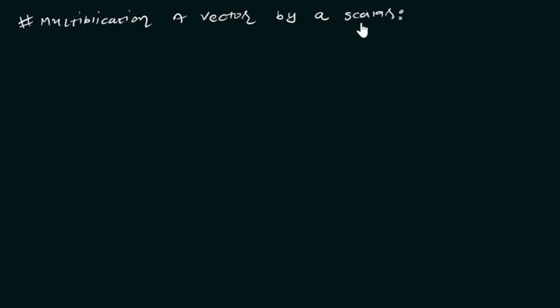Now one new topic is multiplication of a vector by a scalar. Consider one vector which is A. If it is multiplied by 2, the length of this vector will be doubled. This will be 2A.